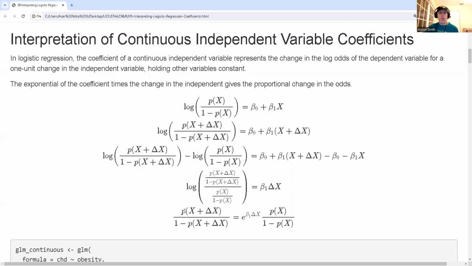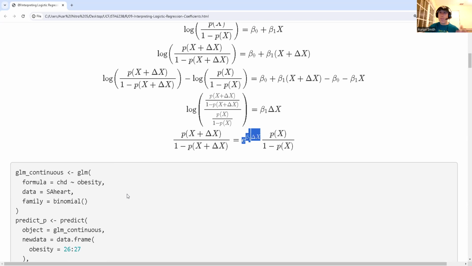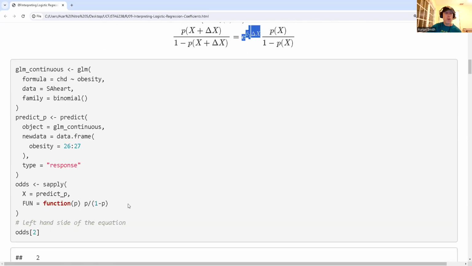And that's going to give me my new odds. So now I have a direct relationship between the odds post-change and the odds pre-change, and it's a multiplication by this amount. All right, so let's verify this. Let's actually go in and double check this.